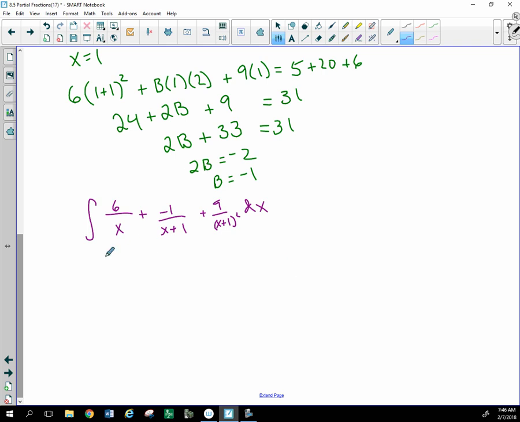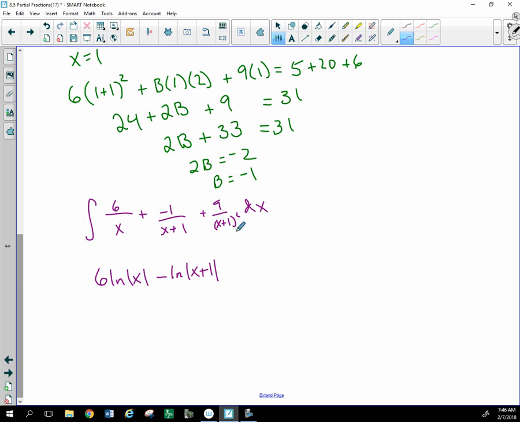And so when I integrate this, I get 6 ln of x, and I could have made that the exponent if I wanted. I'm not going to at this point in time. This one becomes -1 ln of x plus 1. And then this one over here is done with a u substitution, which makes it a little bit better.